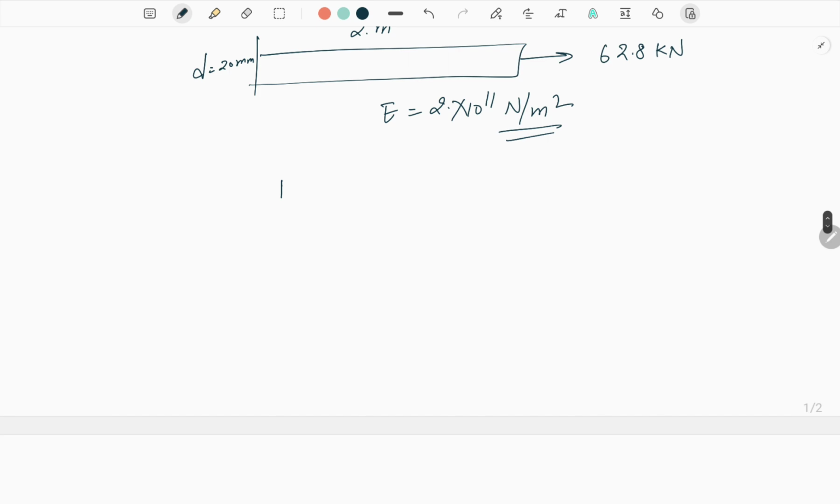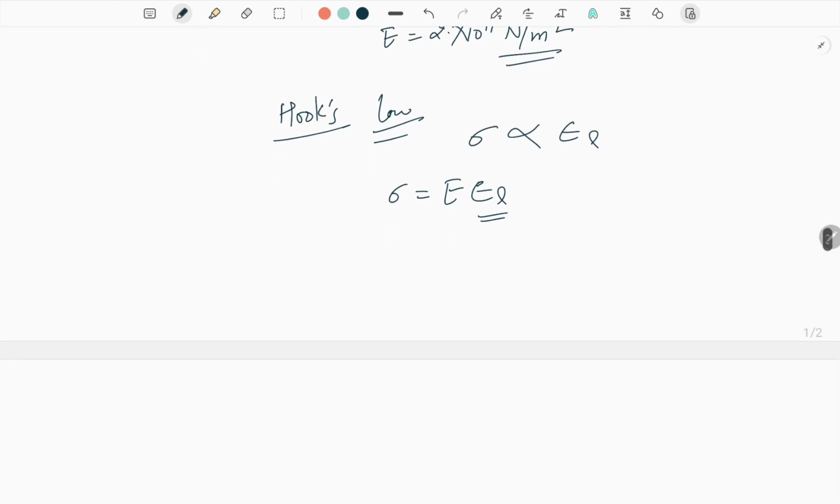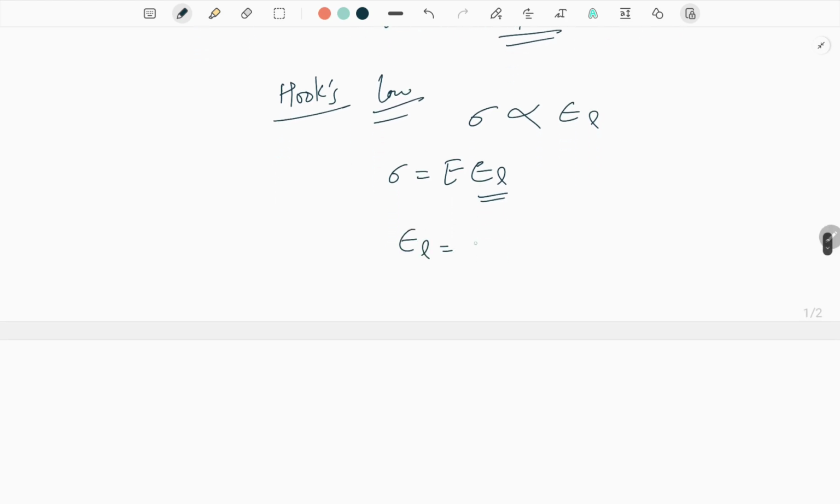So from Hooke's law we know that the longitudinal stress sigma is directly proportional to the longitudinal strain, with E as the constant. Sigma is equal to E into strain. So from here strain is equal to sigma by E, and this stress we can calculate by force by area.